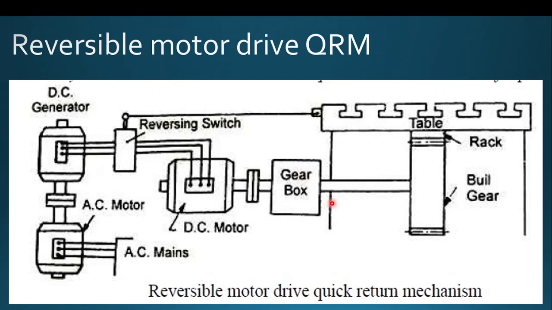During the return stroke, the direction of rotation of the driver motor is reversed and the speed is also increased. In this way, the operating principle of the reversible motor drive quick return mechanism is very simple compared with the open and cross belt drive. In this way, you can achieve machining in the planer machine.